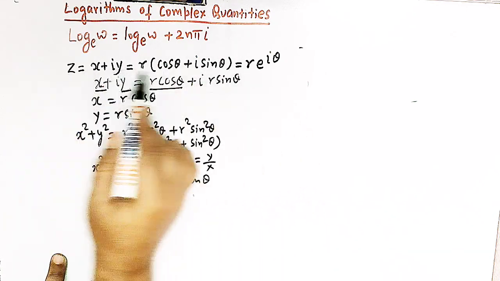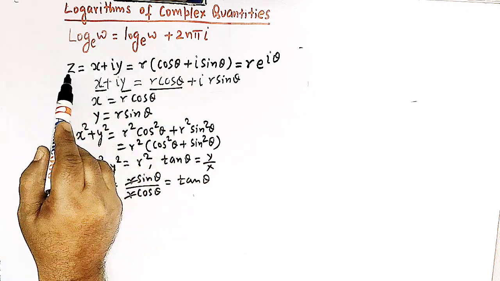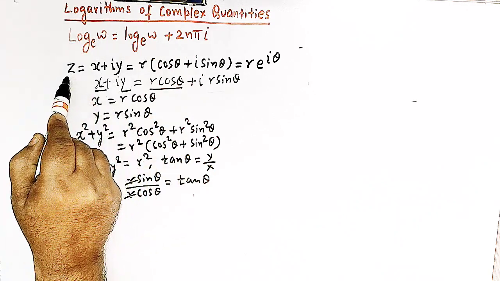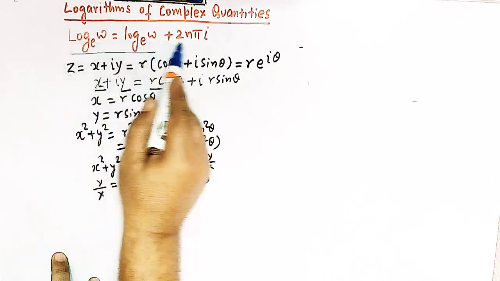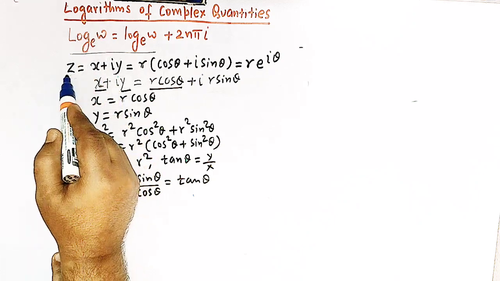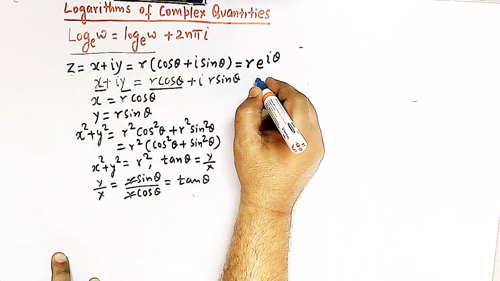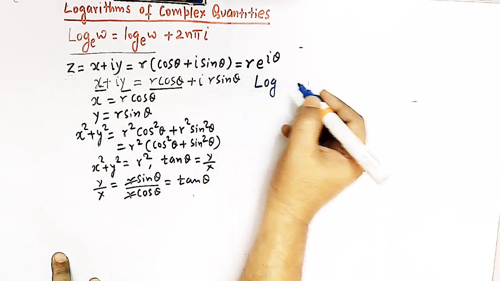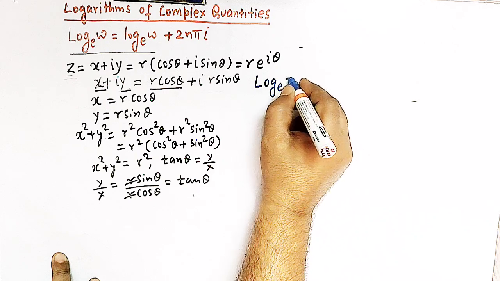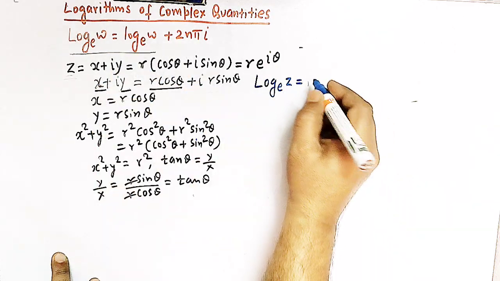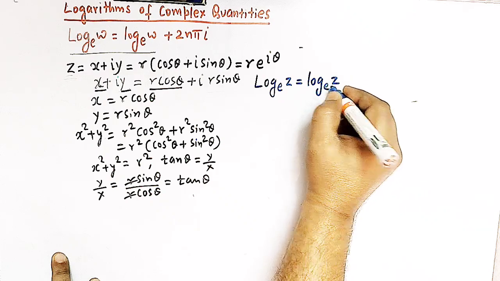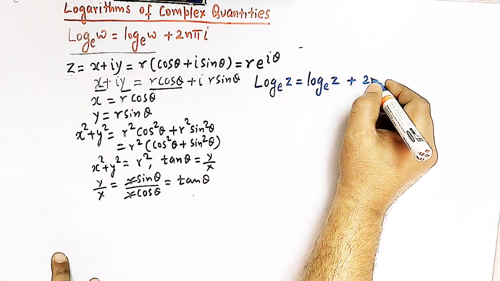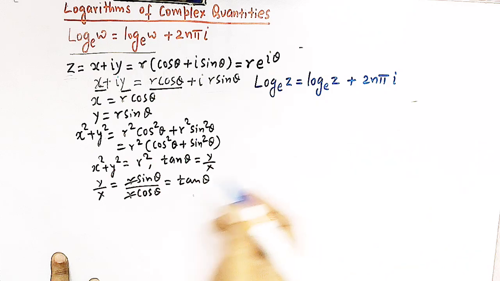So let us take the general value of the logarithm of this complex number, that is z. So now using this result and replacing w by z, the general value of the logarithm of the complex number z can be written as log z to the base e plus 2n pi i, right?